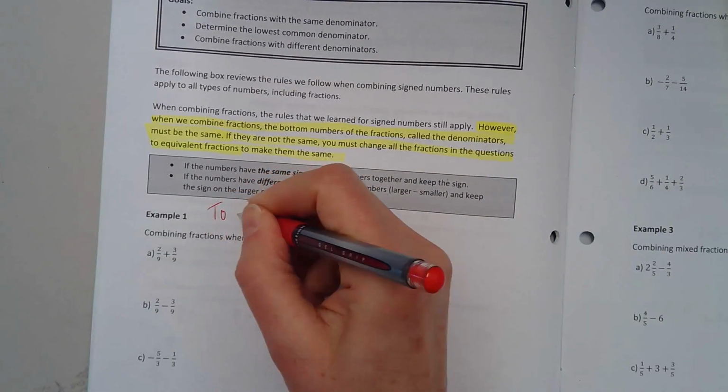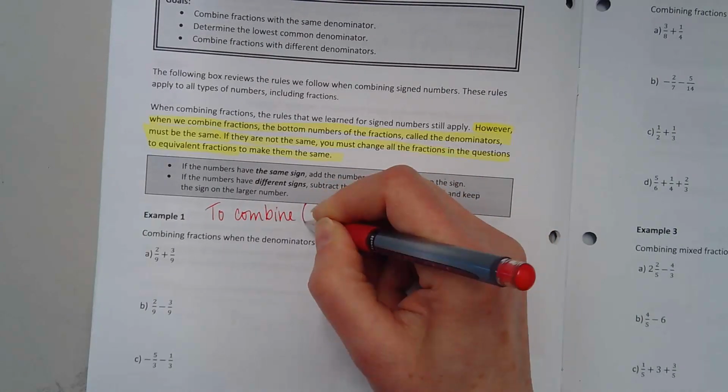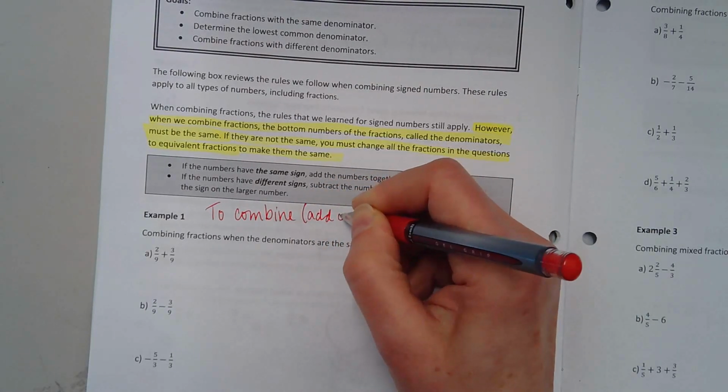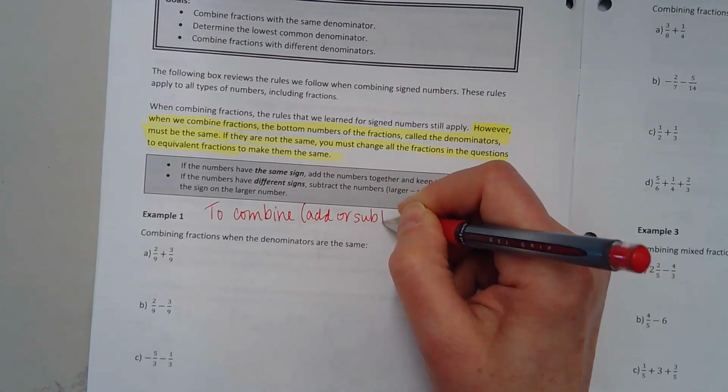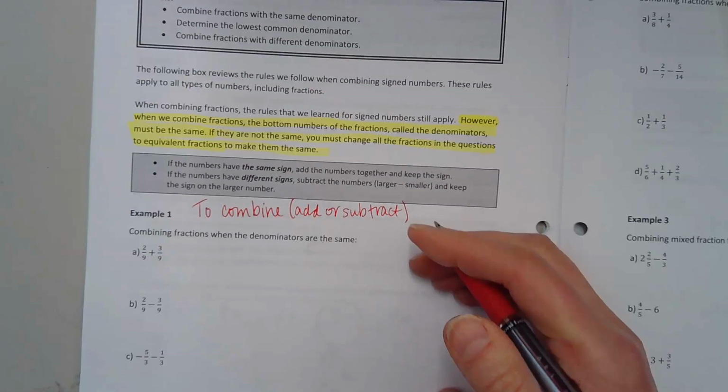So once again, in big letters, to combine. The word combine means add or subtract, right? That's all that combine means. But it's a nice word to use because I don't have to say add, subtract all the time.